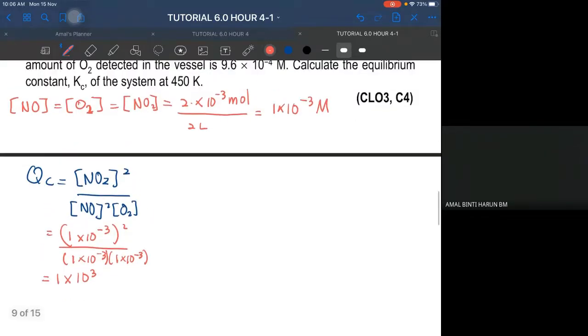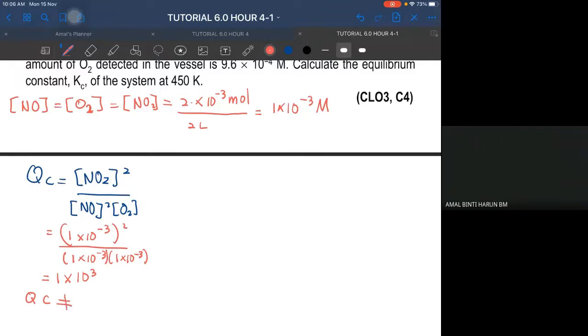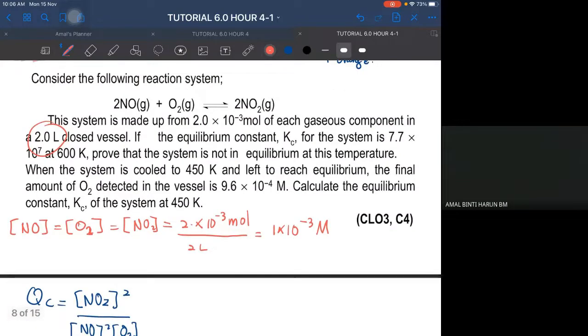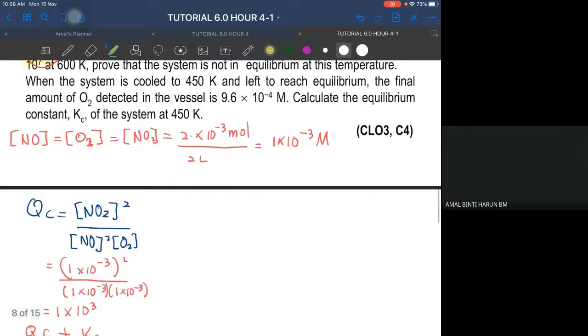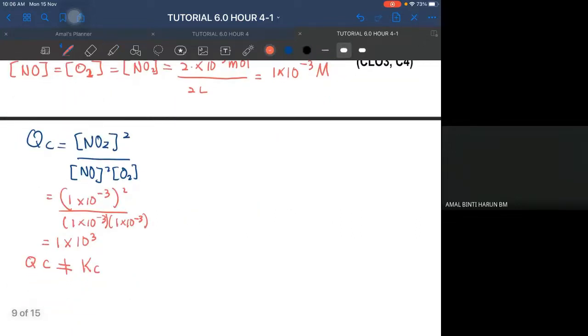So compare, Qc not equal to Kc, sebab our Kc is 7.7 exponent 7. That means bila tak sama, not equilibrium. Kalau not equilibrium, Qc didapati kurang daripada Kc.